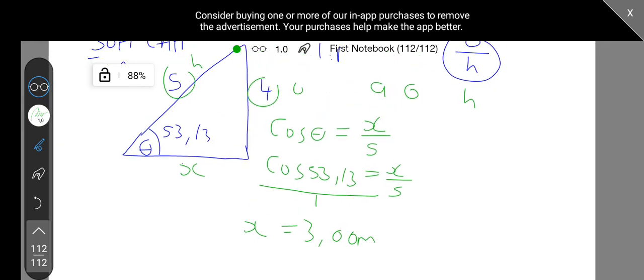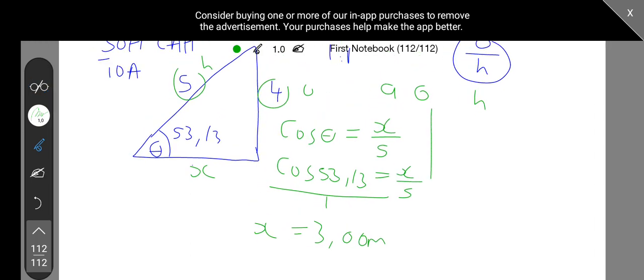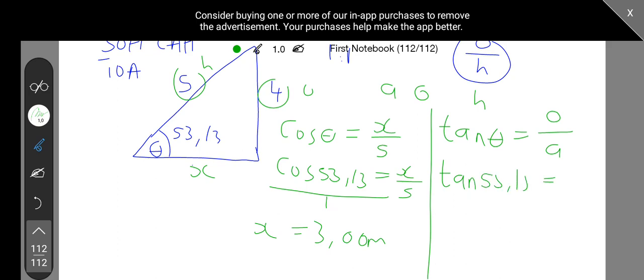So let's see if one wanted to use tangent. It must give us the same answer. We're going to say that tan theta is equal to opposite. This time it's opposite over adjacent, and then it's the tangent of 53,13, and that is equal to the opposite, which is 4, over adjacent, which is x.